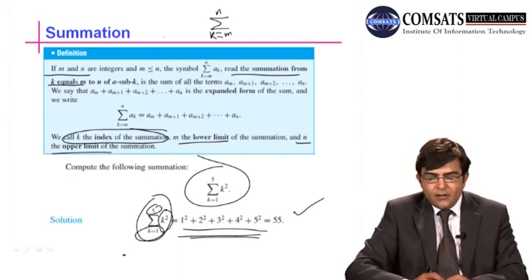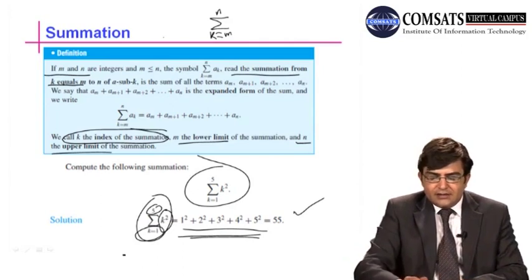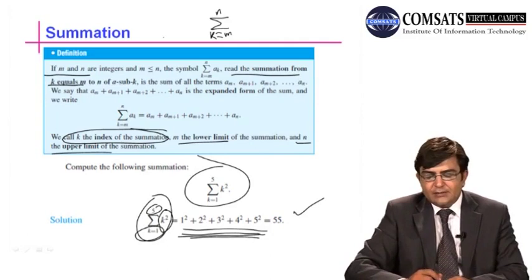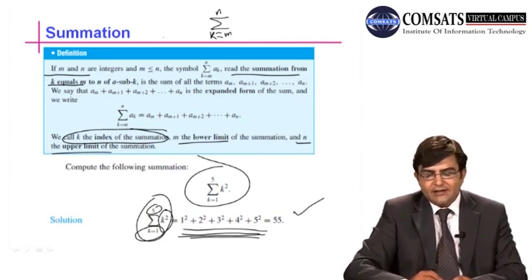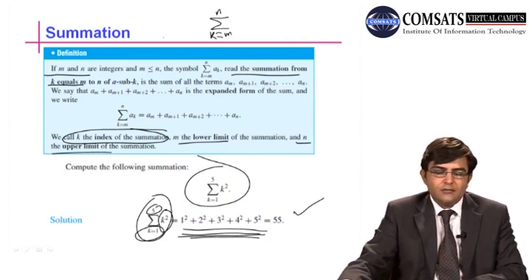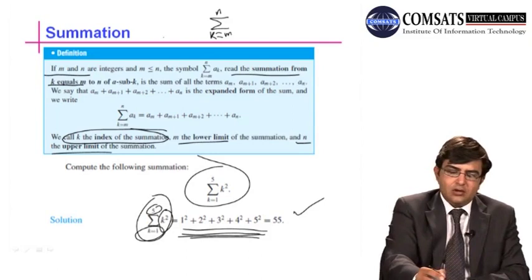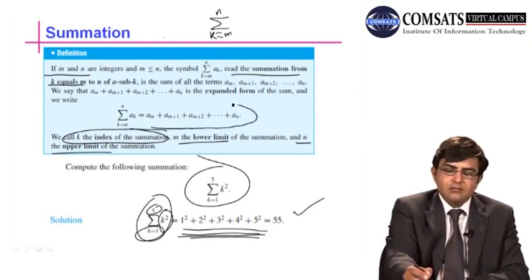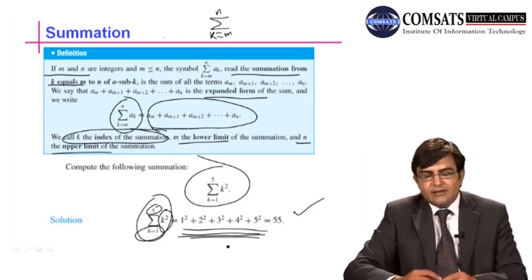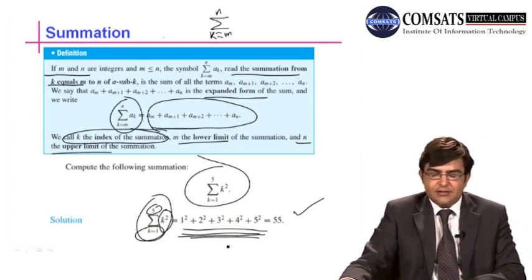So this can be expanded like this: 1 square plus 2 square plus 3 square plus 4 square plus 5 square, which is 55. This is called the expanded form of the summation, and this is the contracted form, or you can say the summation notation.